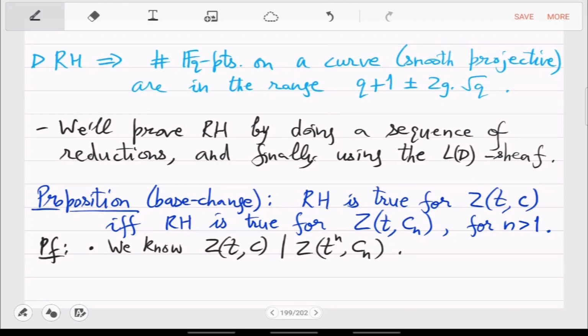So in particular, Z(t, C) is one factor of this. In fact, why not write this? So this we know, hence Z(t, C) is a factor. Take eta equal to 1. Which means that if you have Riemann hypothesis for the right hand side, then you have it also for the left hand side.